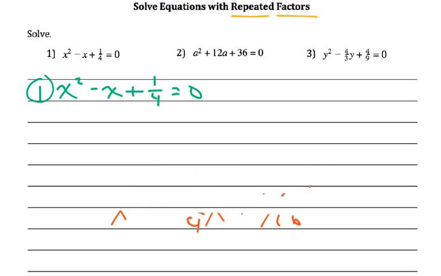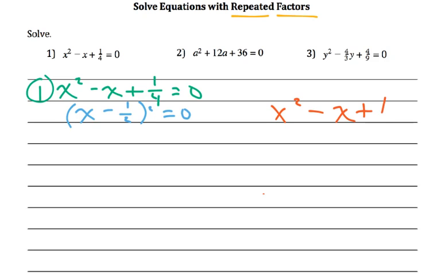Let me get all this out of the way. So, what if the correct assumption instead was x minus 1/2 squared equals 0? And then if I were to distribute that out, it would be x squared minus 1/2x minus 1/2x, which would be a whole x, plus 1/4.